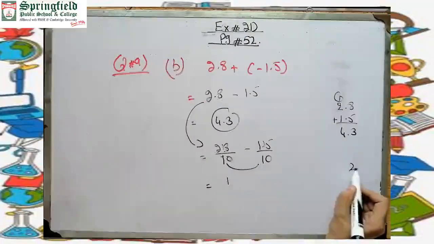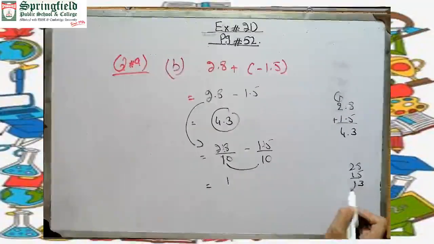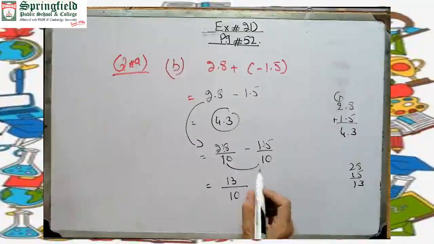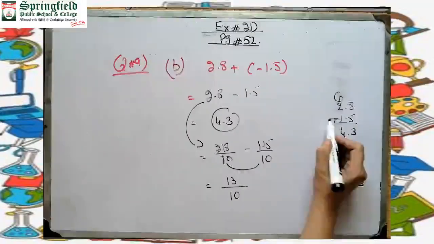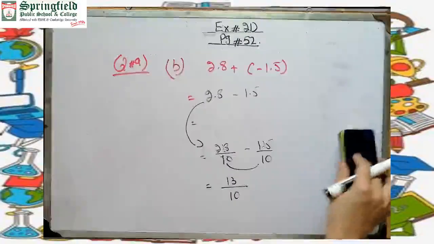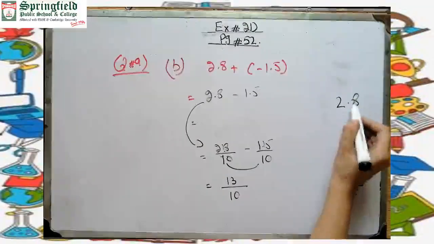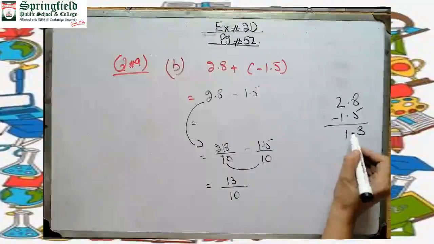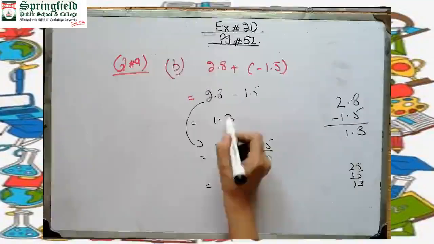13, 15, 3, 1, 13 and divide by 10. Fine. So sorry, here the subtraction sign is used, so it means we will subtract: 2.8 minus 1.5. So 3 and 1, 1.3 is your final answer.